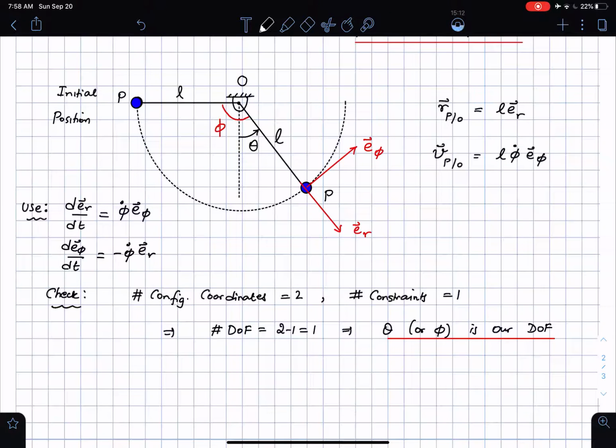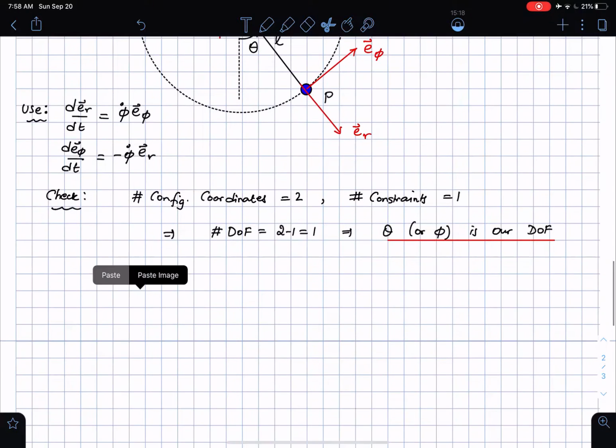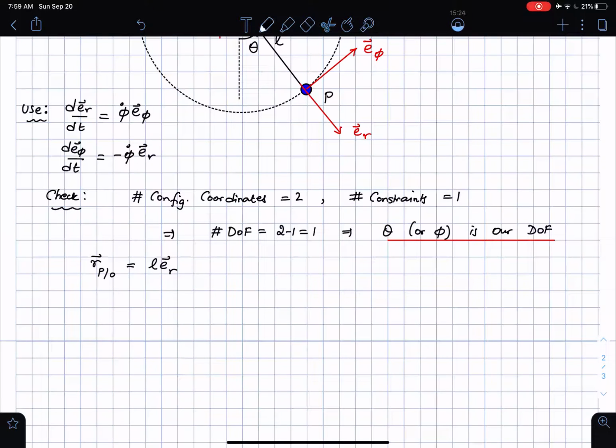When I do the acceleration, let me do these things a little more carefully, because it might be useful to some. This is the position vector, so let me cut that off and start from the beginning. Velocity of p slash o is d by dt of L E R, which is dL by dt E R plus L d E R by dt.